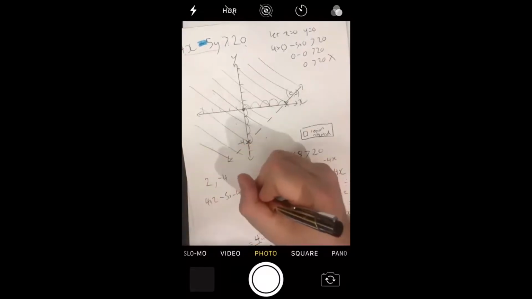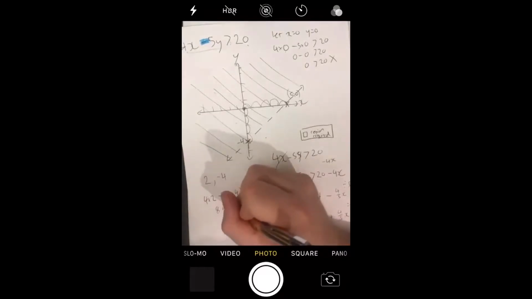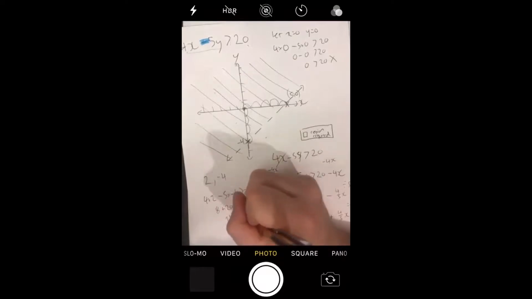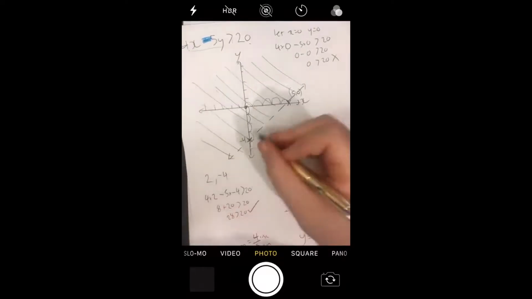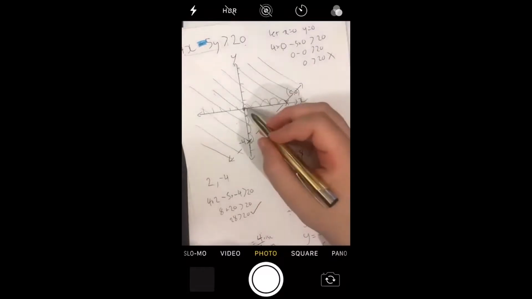It's going to be 8 plus 20 is greater than 20, which means that 28 is greater than 20. Yes, it is. And that's why this point here is in the region, whereas this point was not in the region. And you can even compare these values with this down here.